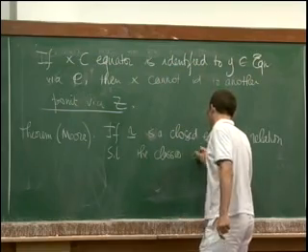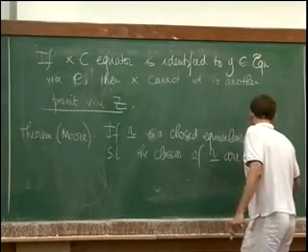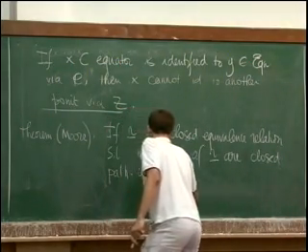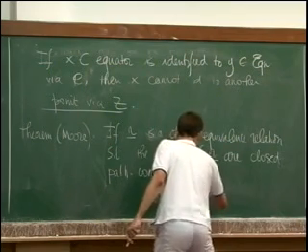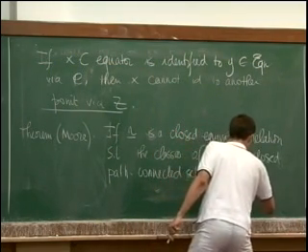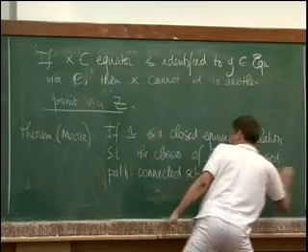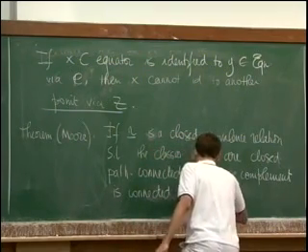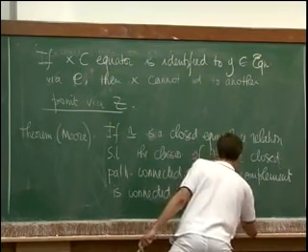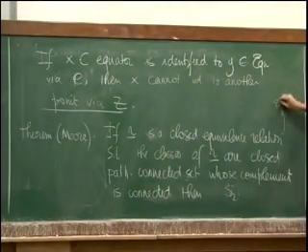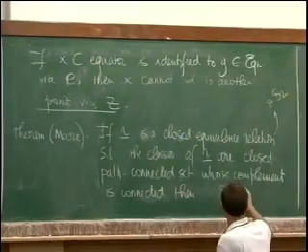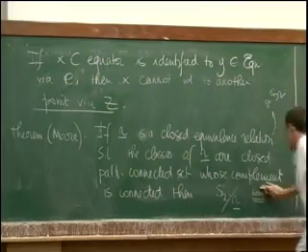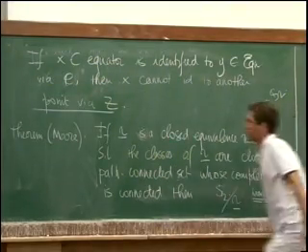Then, for a closed equivalence relation on S2, the quotient space with the quotient topology is homeomorphic to the two-dimensional sphere. So let me comment on this theorem.